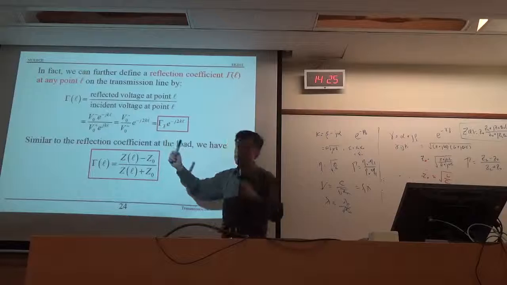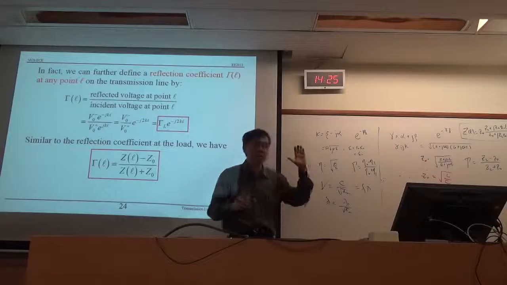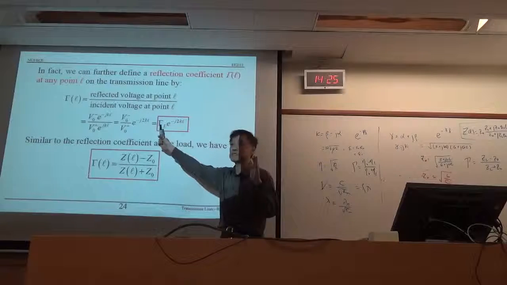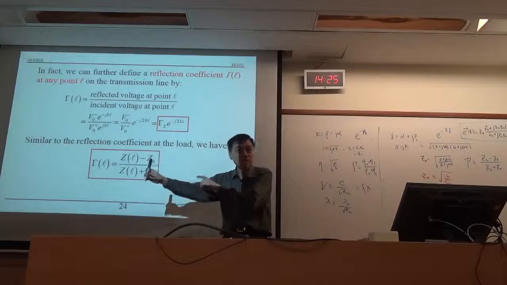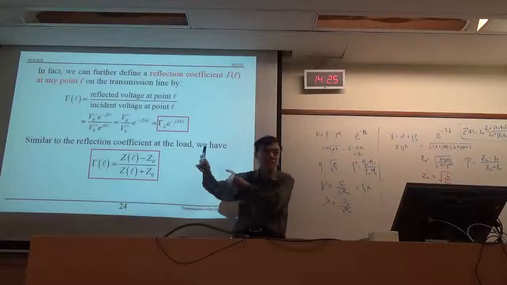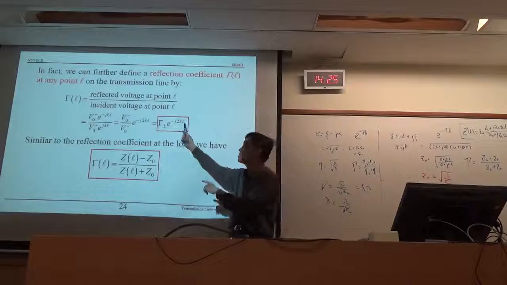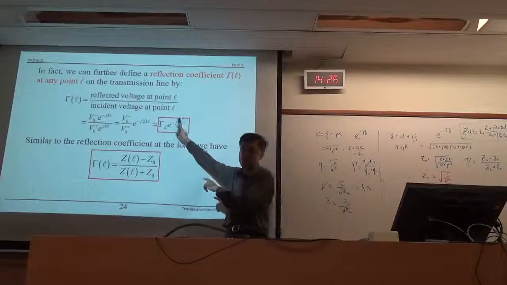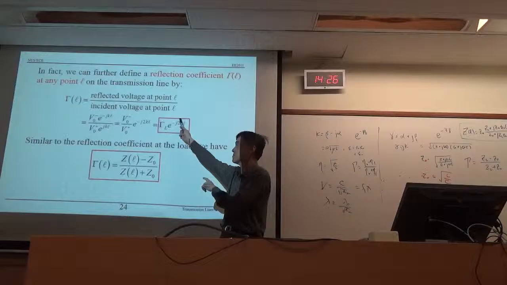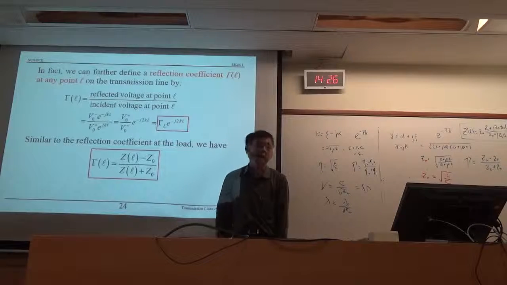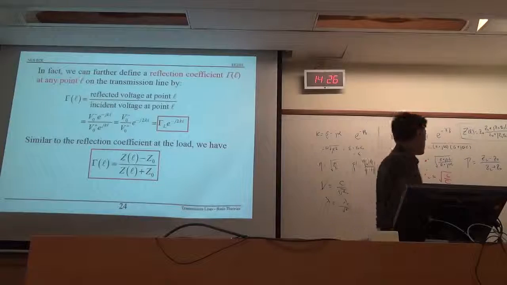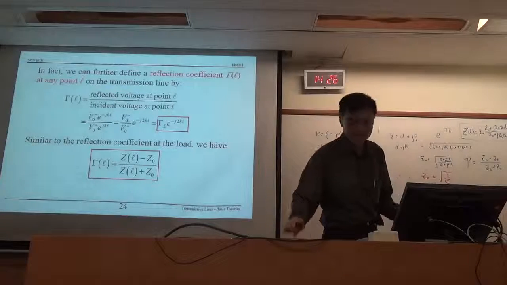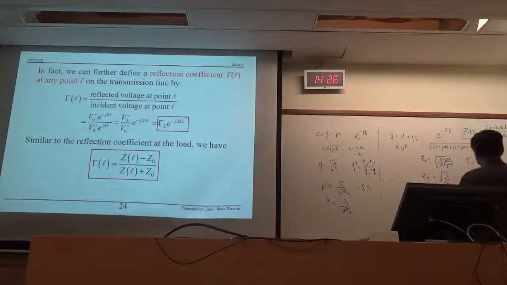So the reflection coefficient measured along the transmission line at any point has the same magnitude as the reflection coefficient at the load, but keeps changing phase. And the phase change is twice as fast. Although this is not special here, we just block it off.